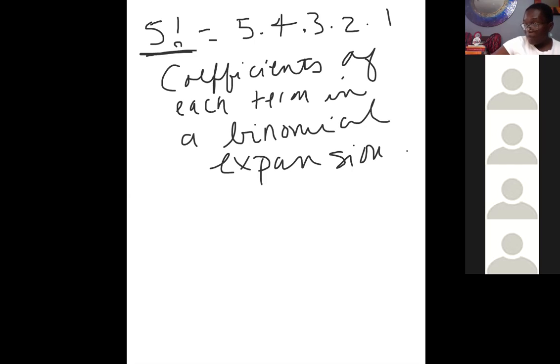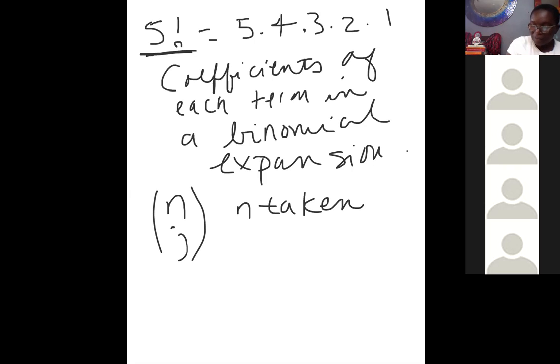Now, when we talk about this, this is the symbol we're going to use, okay? That's the symbol we're going to use. And when we read this, we read it as n taken j at a time.